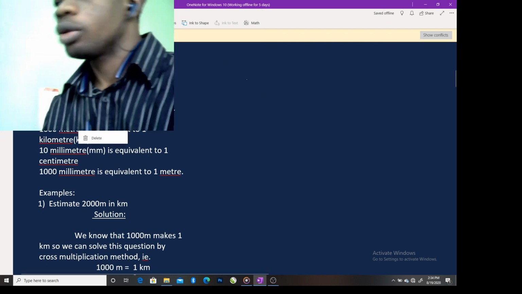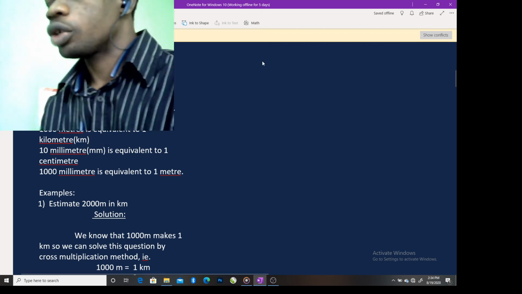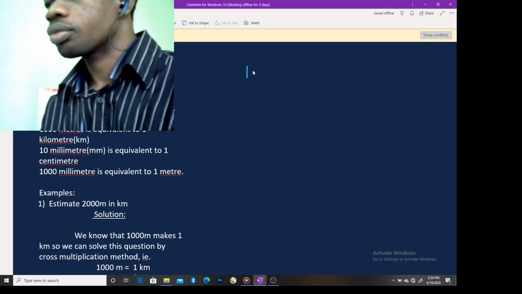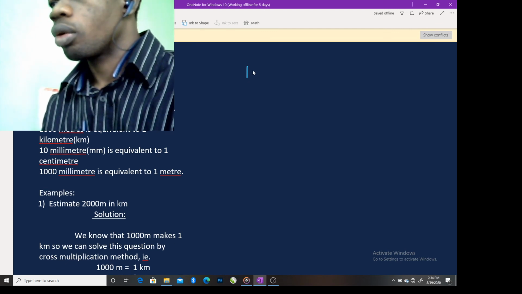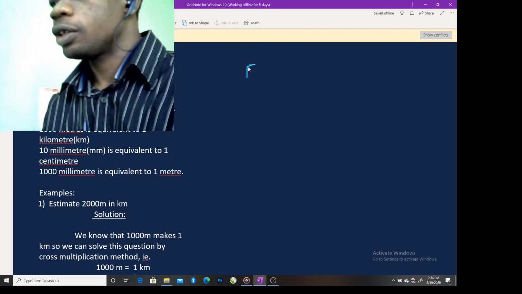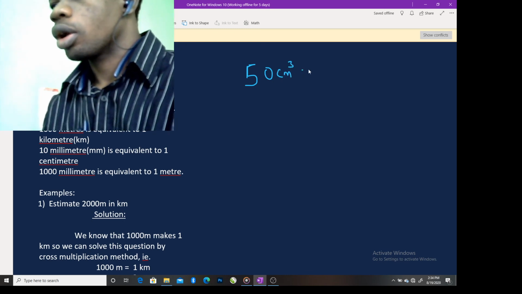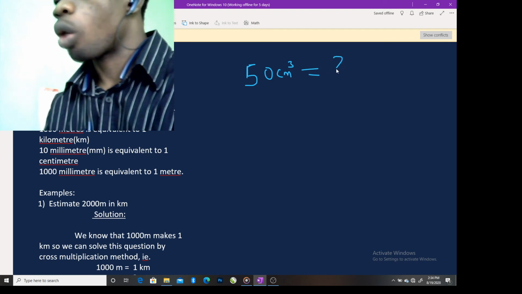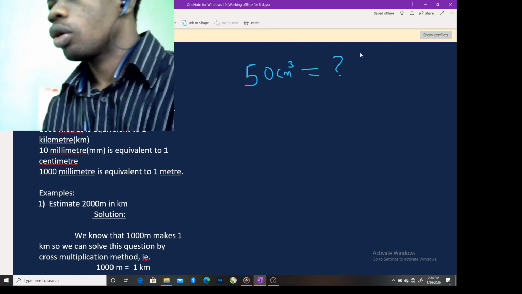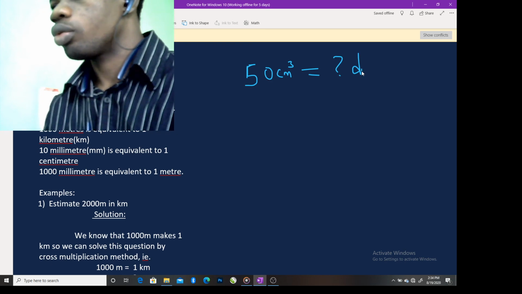Let's say you are being told to express 50 cm cube is equal to what dm cube.